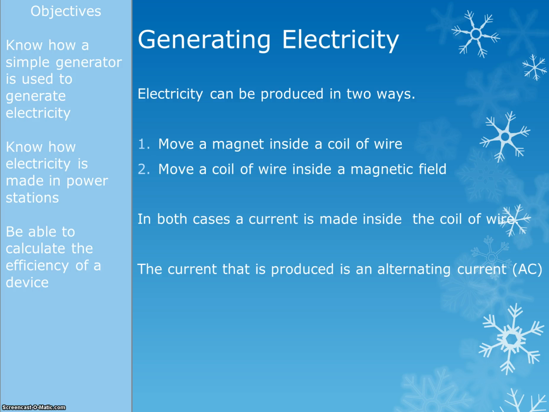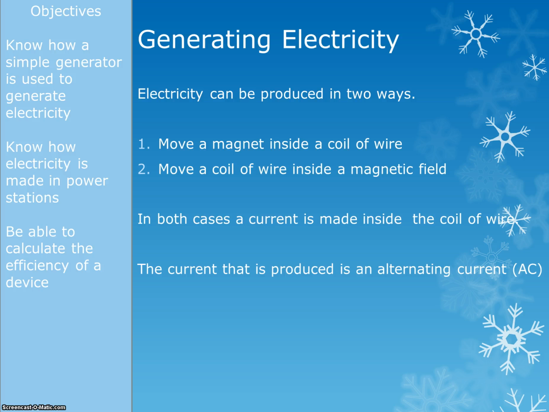And in both cases, what this does is the magnet forces the electrons inside the wire to move, which causes a current. Now, from this method of generating electricity, the current that we produce is alternating current, so AC. So it doesn't just go in one direction.